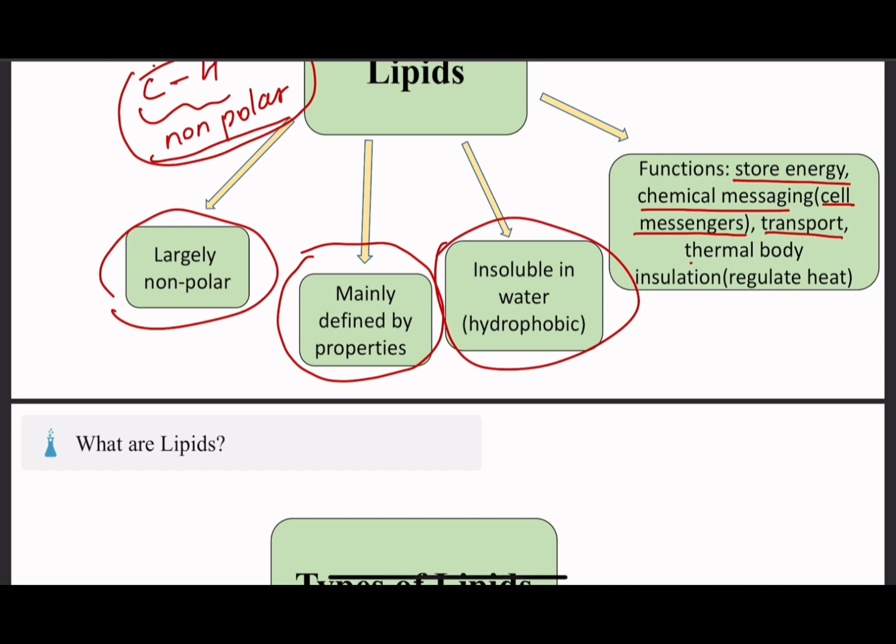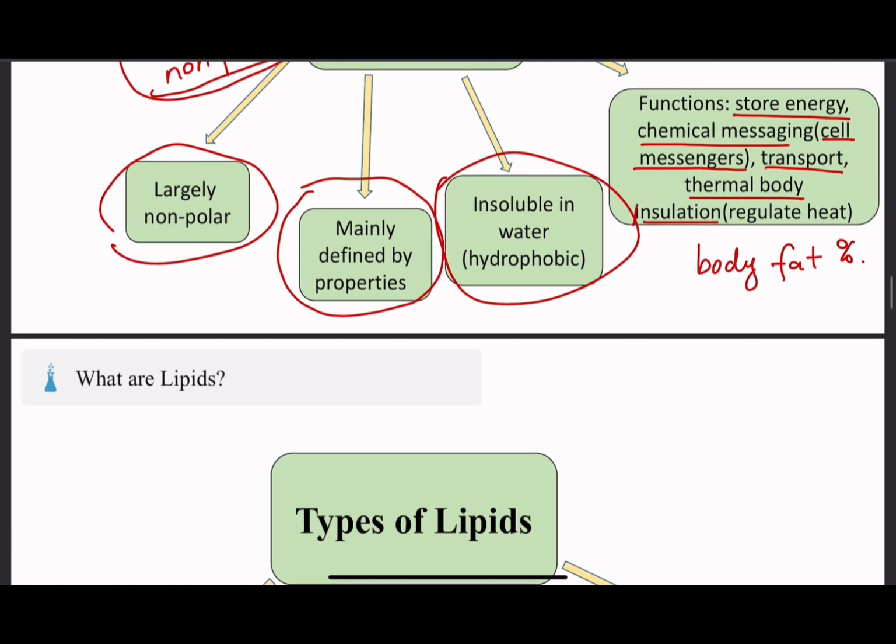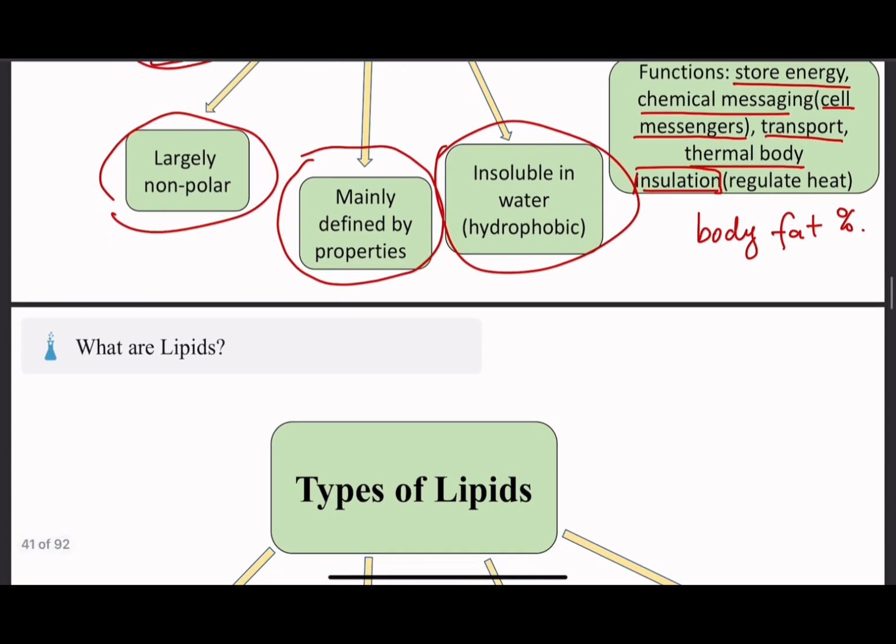They are also good for thermal body insulation. For example, body fat protects us from cold. If you have a higher body fat percentage, you tend to have better insulation, and you get less cold.